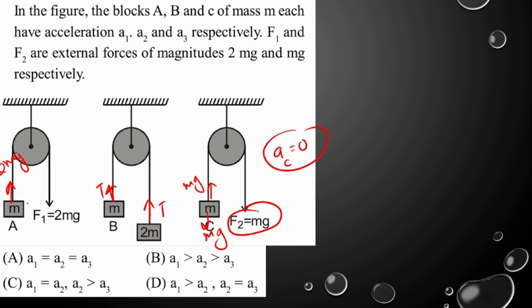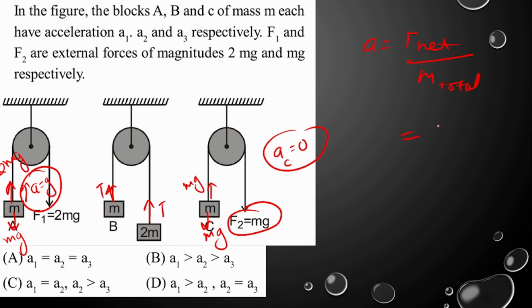Here 2mg in upward direction and mg in downward direction, so acceleration a equals F net upon m total.